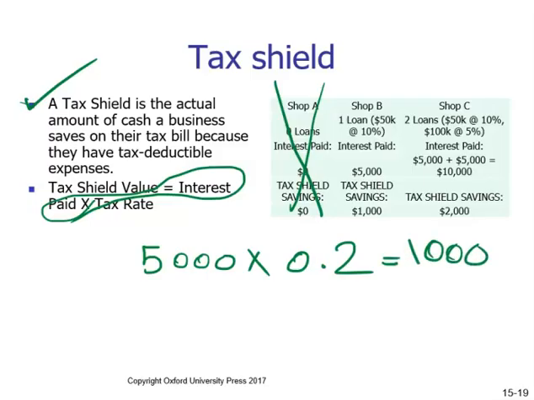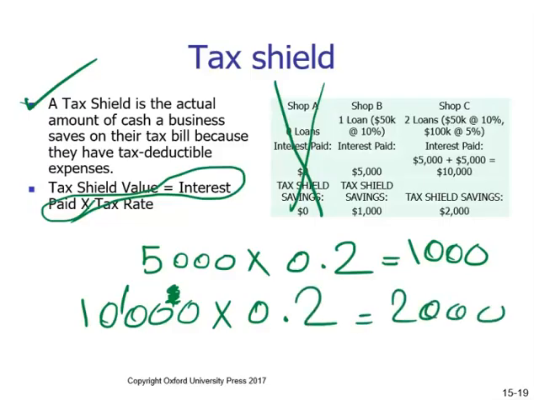You are going to apply the same formula to Shop C, and how much you are paying in interest, and we don't care about the combination of this interest, we just care about the payment. So $10,000, we are not going to pay tax on this, so it would be $2,000.